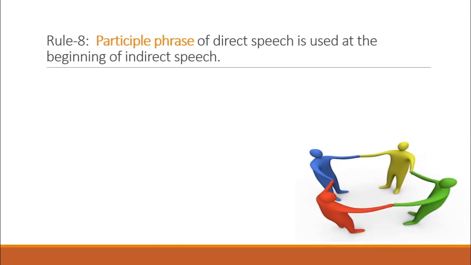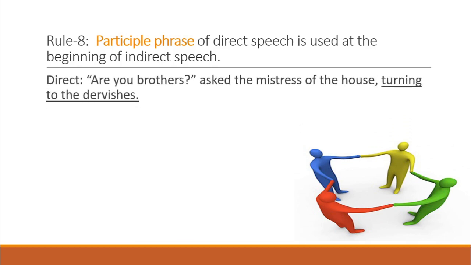Okay. Rule number 8: a participle phrase of direct speech is used at the beginning of indirect speech. So if you have any participle phrase in your direct passage, then while converting it into indirect, you have to write down the participle phrase at the very beginning of the sentence.